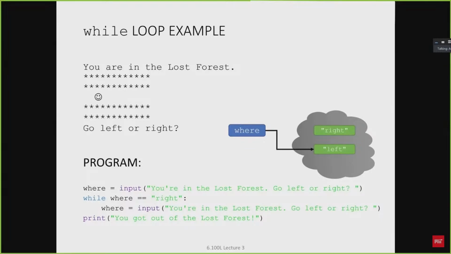So after repeating this many times, the user will type in left, and we're going to have where equal to left. At that point, when the condition is being checked again, Python will say, nope, this is not equivalent, so I'm not going to go inside this code block. I'm just going to go down here and print you got out of the lost forest.